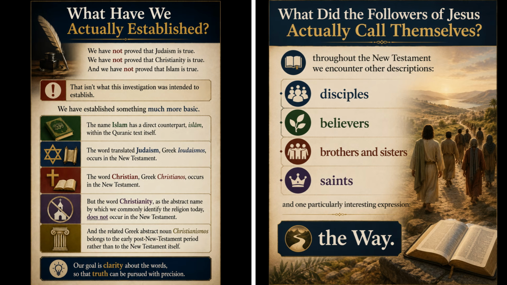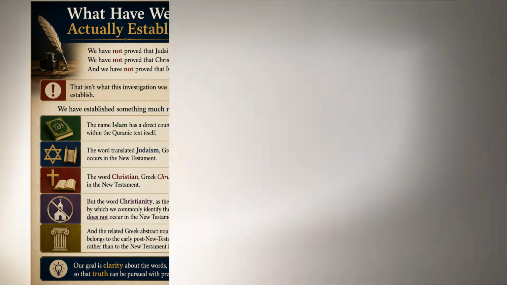So perhaps our question should not initially be, what did Christianity teach? Perhaps our first historical question should be, what did Jesus and his earliest followers actually teach? And what does the earliest text call their movement? There is a difference between those questions, and throughout this series, that difference will matter.